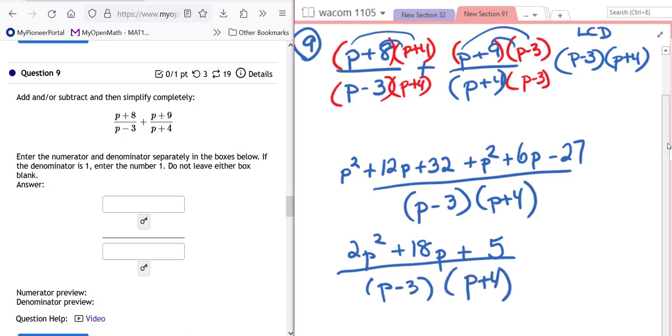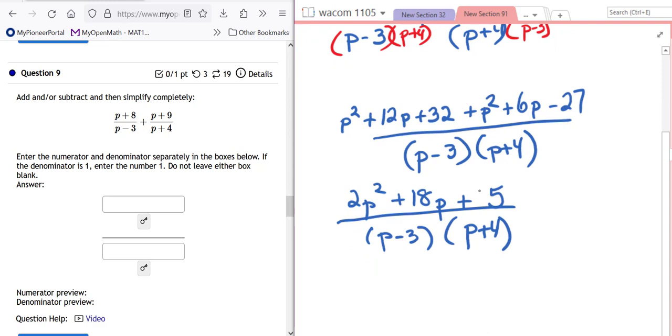Now you have to check and see if this numerator will factor. So I have primes in both. I'm going to try the trial and error. So 2p and p, and like signs both plus, and you can do 1 and 5 or 5 and 1.